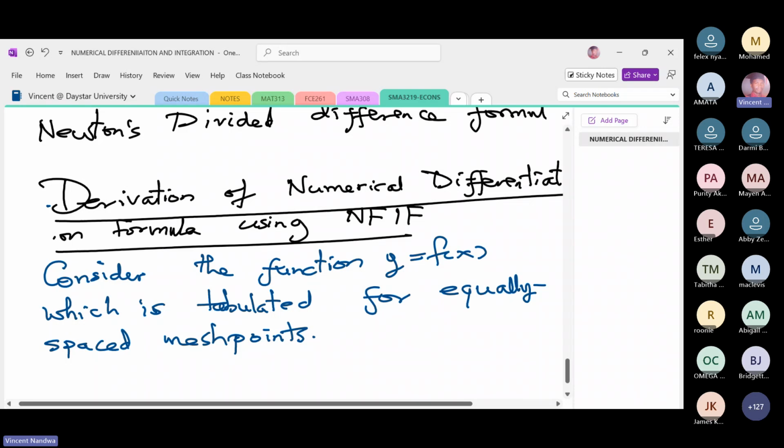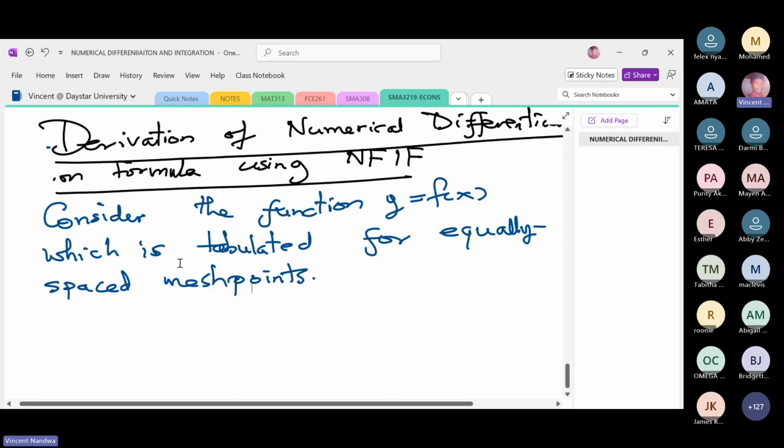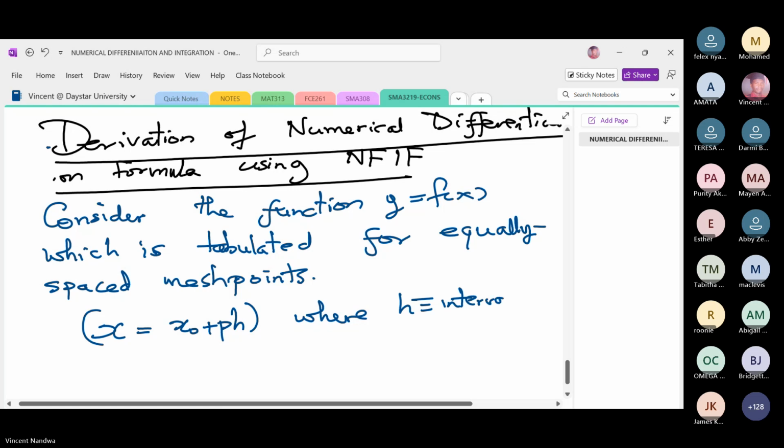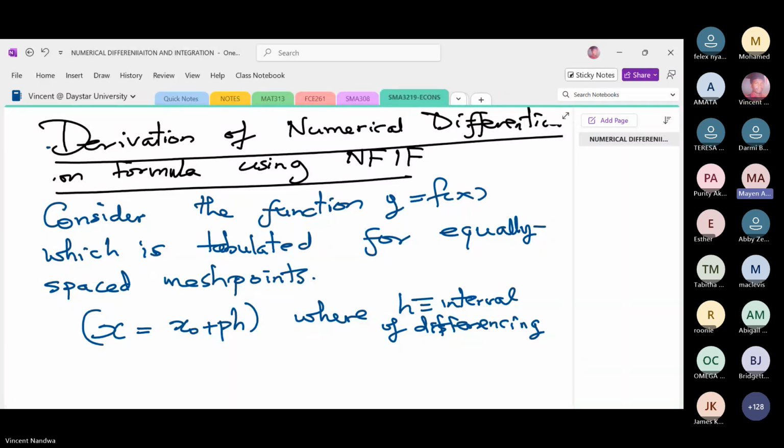When we say this, we mean any x value is given by x naught plus ph, where h is the interval of differencing or mesh spacing, while x naught is the initial or starting mesh point.